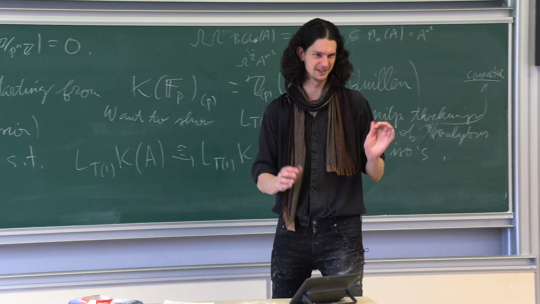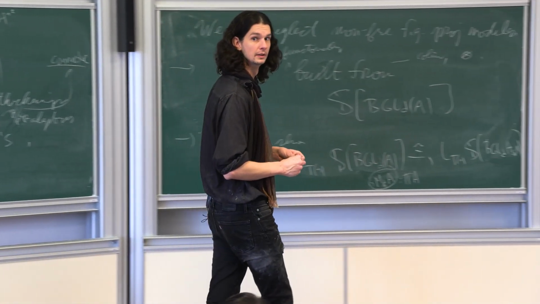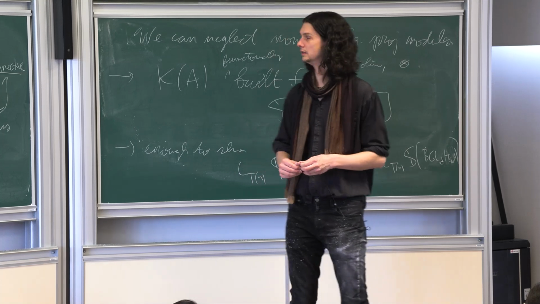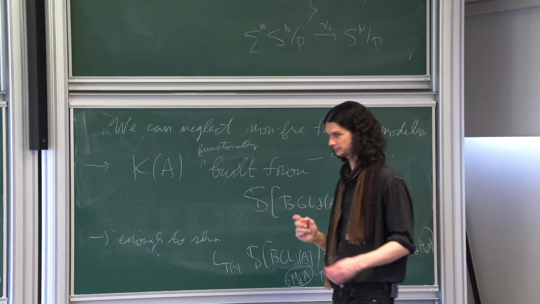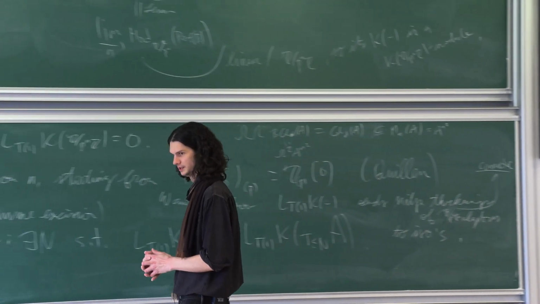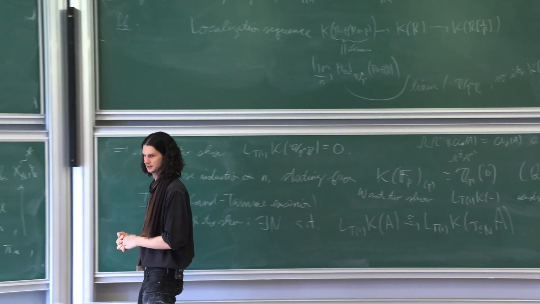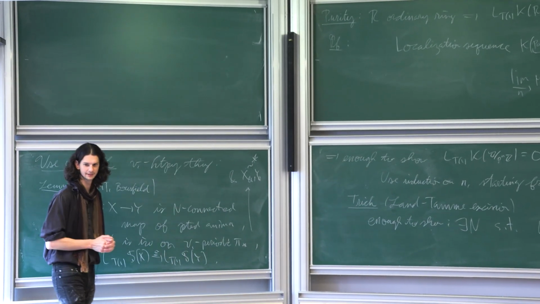No, it's just by some compact generation argument. So when you start with a finite spectrum, coming from a finite suspension spectrum, everything that you do, like p and V1, is okay. Everything will be a finite spectrum.